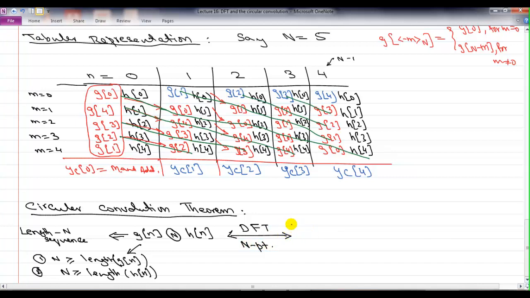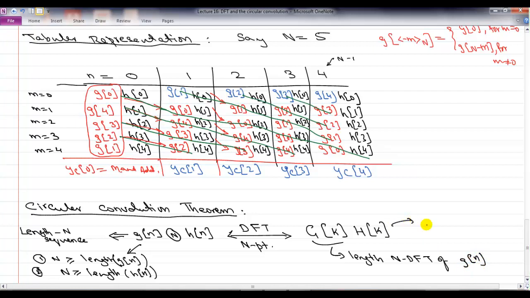All the DFTs that we have in this formulation are n-point DFTs. So the circular convolution theorem says that circular convolution in time is equal to multiplication of the n-point DFTs of my sequence G and my sequence H.